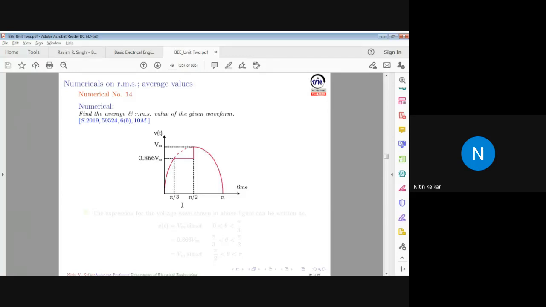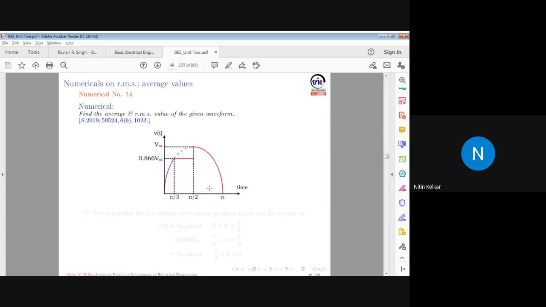Please be careful about the integration limits, and they have given only this much part of the waveform, so we cannot say whether the same pattern is going to get repeated in the positive cycle or whether this waveform may have a negative cycle. Nothing they have given, only this much part of the waveform. So there is no point discussing whether it is a symmetrical or asymmetrical waveform. As it is, we have to consider it.